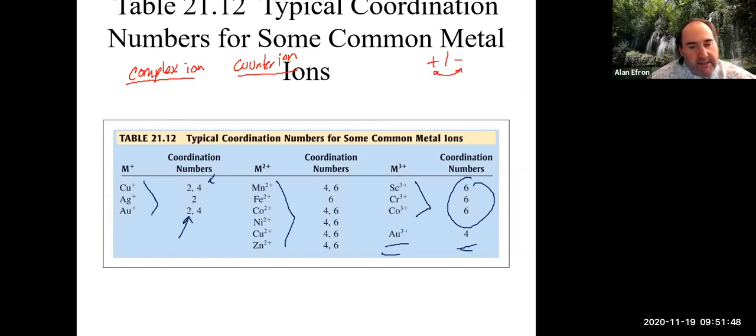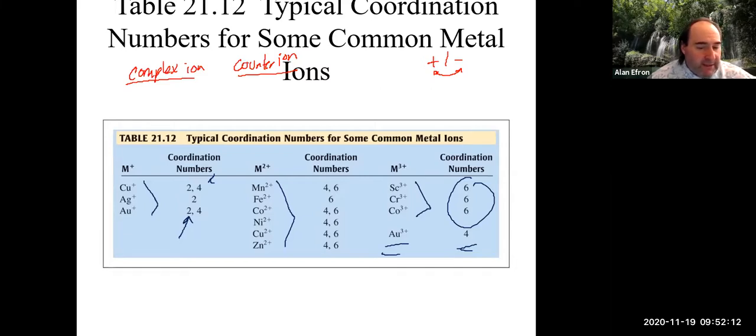So we have a complex ion that, as we talked about a number of times, is basically a metal, a lot of times a transition metal, with a number of ligands attached to it. Ligands are Lewis bases, electron pair donors. Then we have a counter ion, which is just there to balance out the charge.